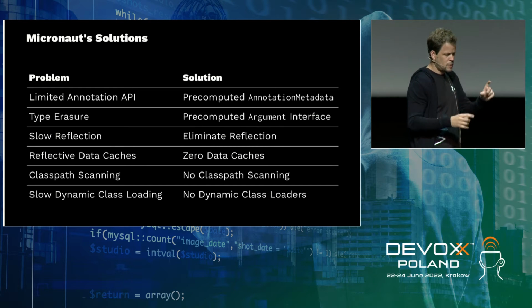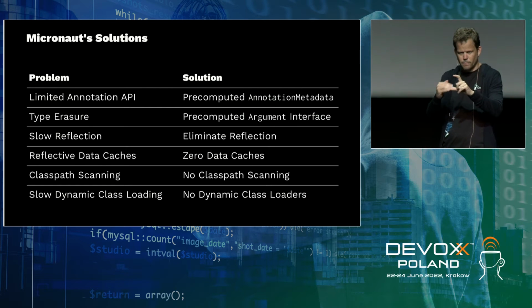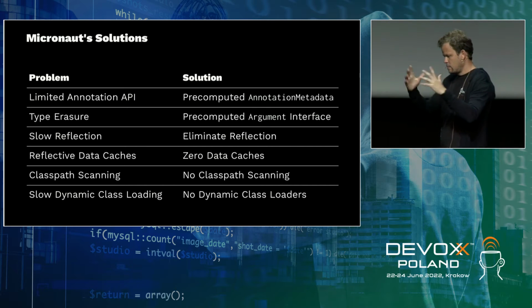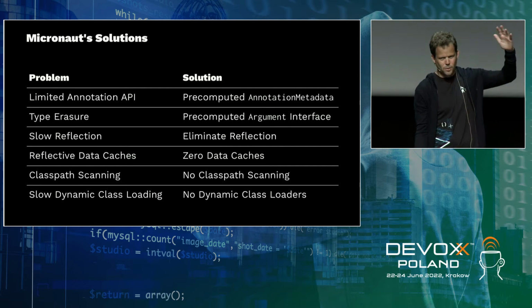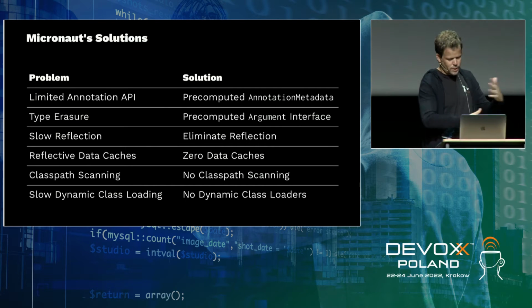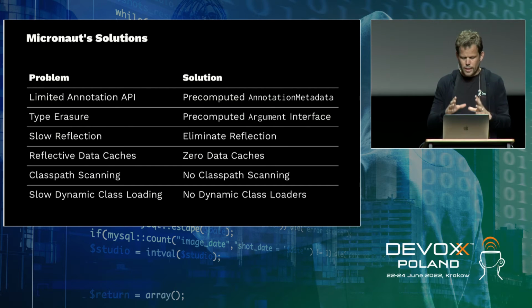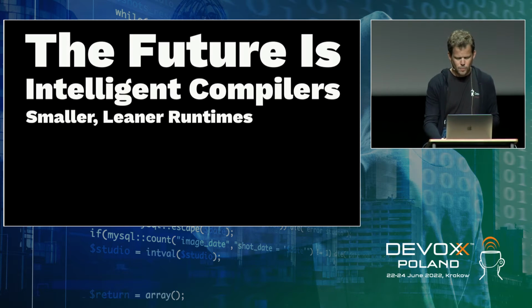And there's no reflection, so stack traces when an exception happens are smaller because it's direct method dispatch. I don't know how many of you have built Spring plus Hibernate plus Tomcat applications, but the stack traces are quite infamous for how huge they become with all the reflection and CGLIB and whatever else. So stack traces are kept small, the runtime is kept efficient, and we try to address all of those problems.